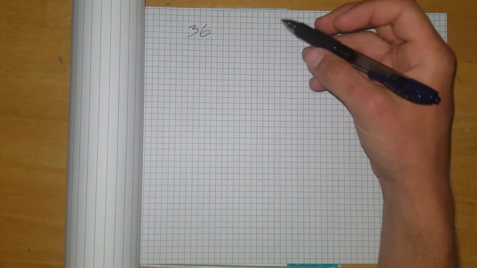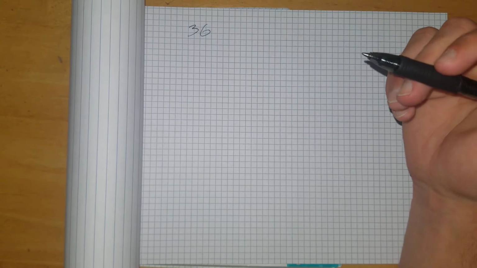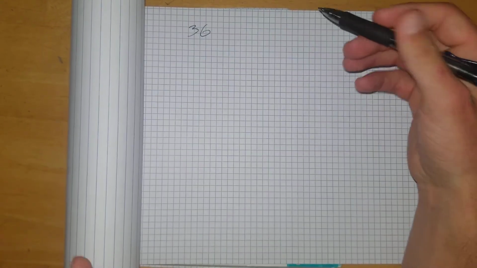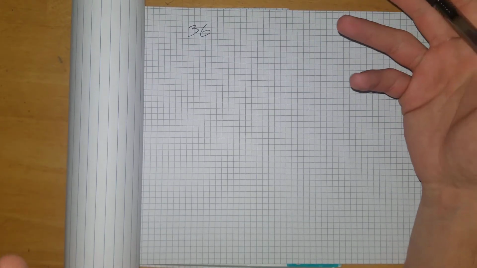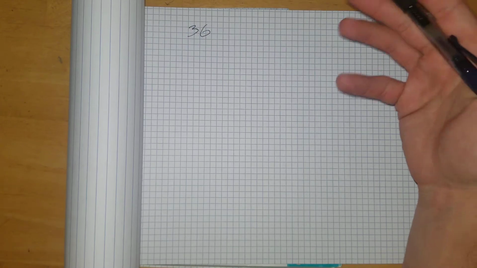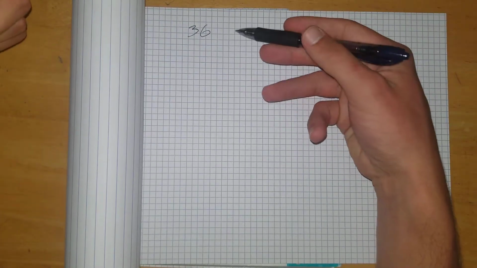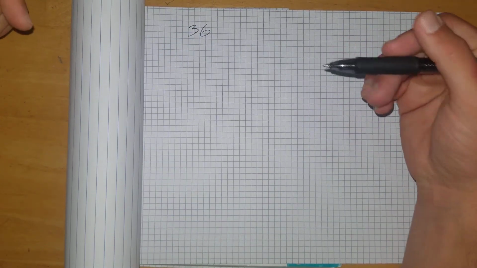So 36 is composite, right? Because it's not a prime number. We can divide it by 1 and by itself, but we can also divide it by 3, by 6, by 12. So what we're going to do here is take 36 and make it into a product of prime numbers.